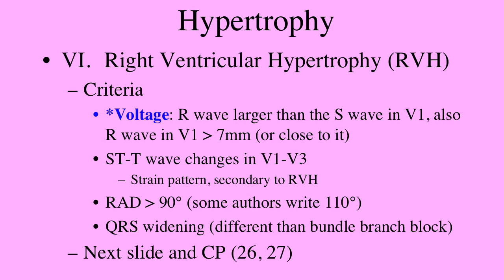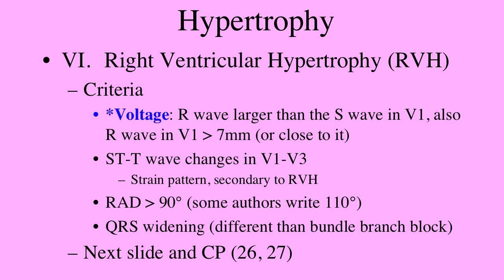And this is generally an example then of RVH, the voltage criteria. If you have that, then generally that's pretty much a big step toward your diagnosis. You also have potentially ST-T wave changes in V1 through V3. And this again is called the strain pattern.